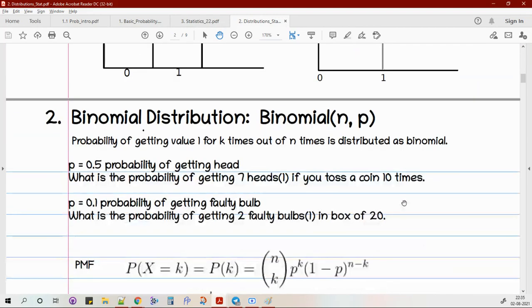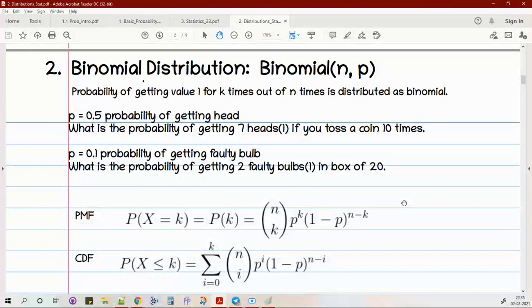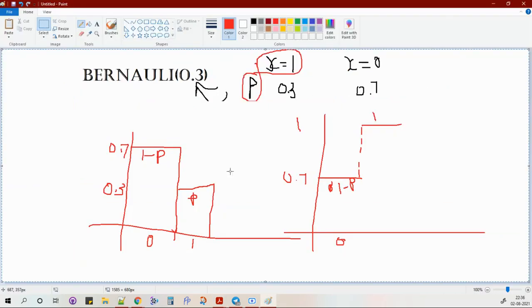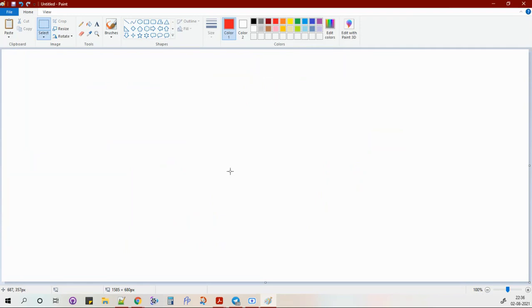Okay, let's jump on to the next distribution. The first was boring itself, so let's combine, let's have a group of them. Binomial distribution is nothing but, if you are doing an experiment, let's say you are tossing a coin 10 times. Or let's take one more example.